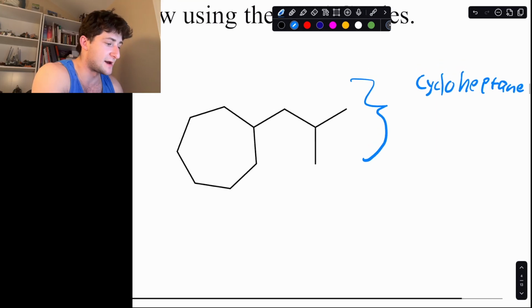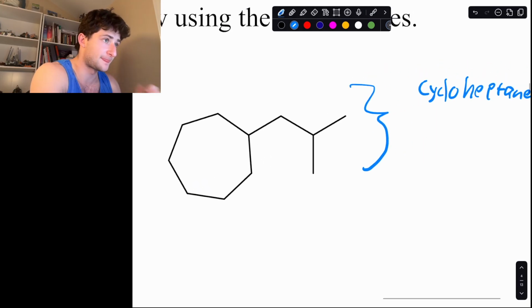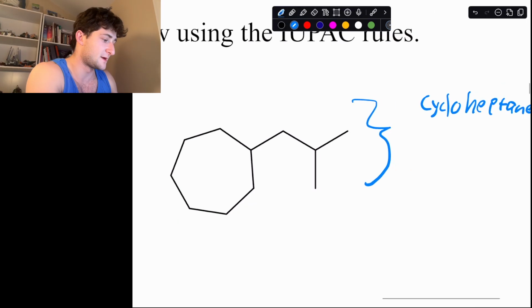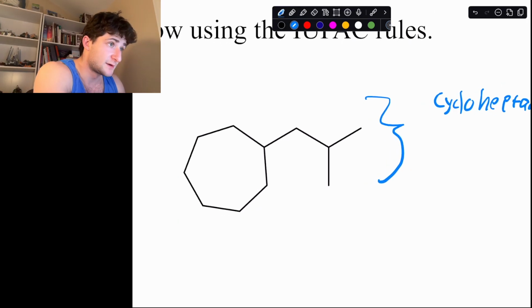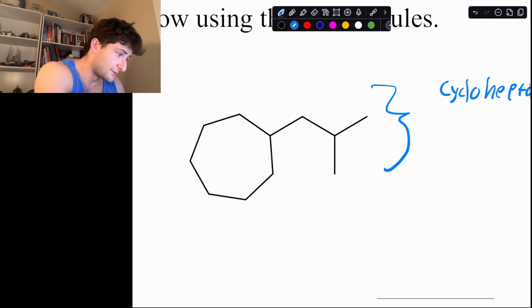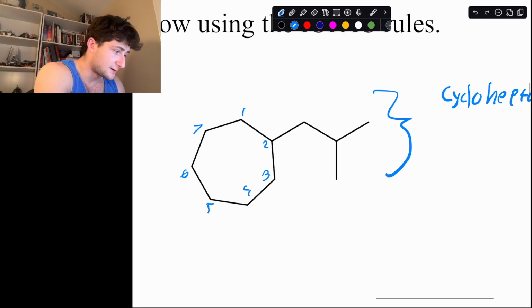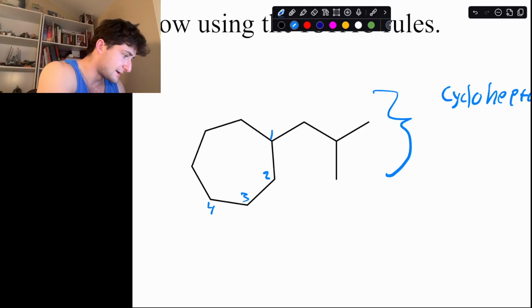Although it doesn't really matter because we got something coming off of number 1 over here. Actually, I'll put the numbers back. I'll redo them, actually. Just make it easier. Gotta do it like this because you want the substituent on the lowest number.